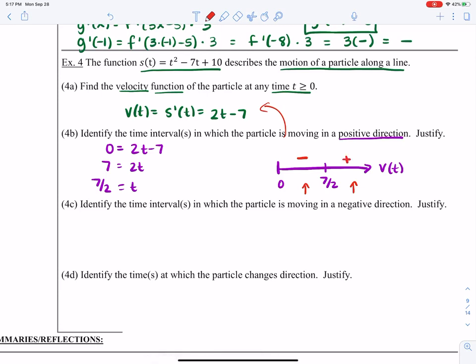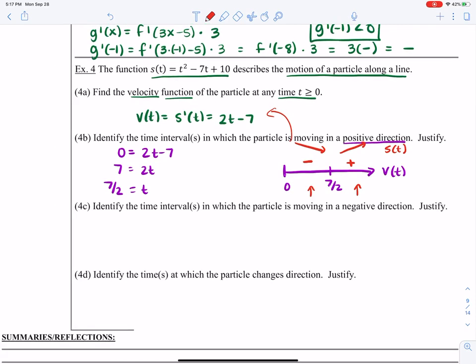So what this tells me is that s of t is going to have its position decreasing and then its position increasing, which tells you when the particle is moving in the positive direction.